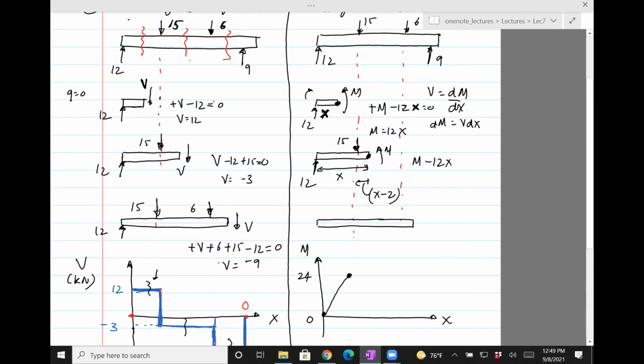Because the length from 12 to 15 is 2. So we have 15 times x minus 2, and the sign there is going to be positive, because 15 produces a counterclockwise moment.